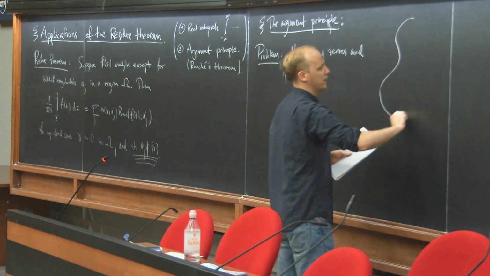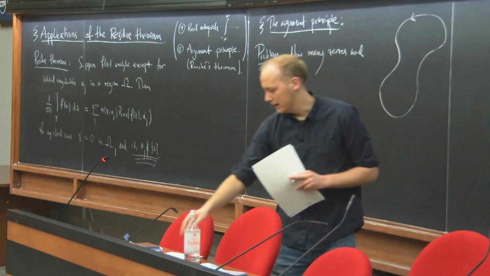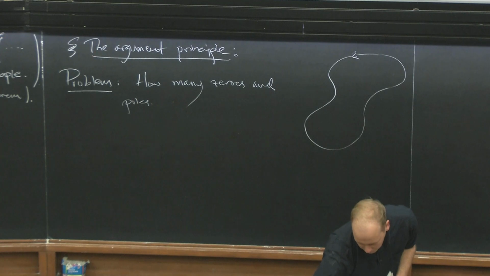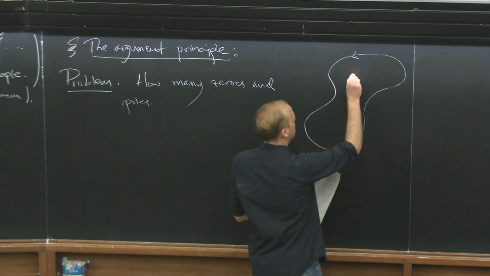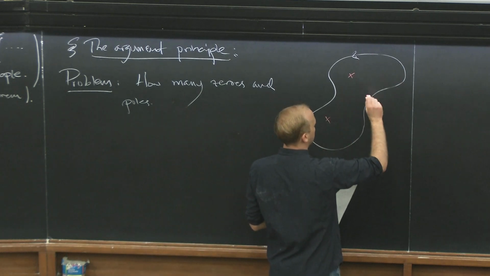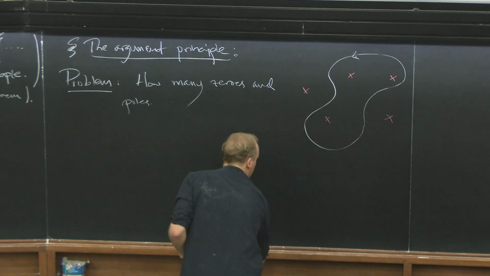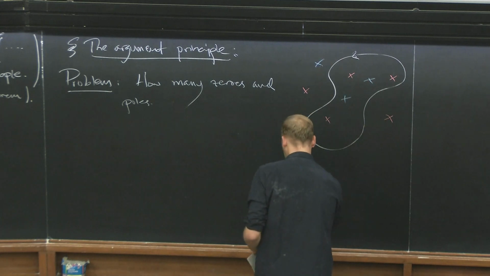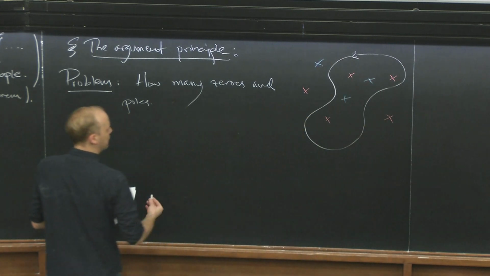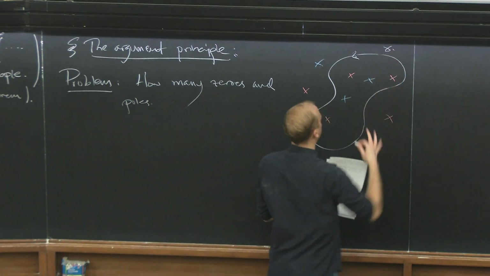You take some curve gamma here, and then you have some poles, in red, and you have some zeros in blue. And then you wonder how many zeros and poles are inside this curve gamma.